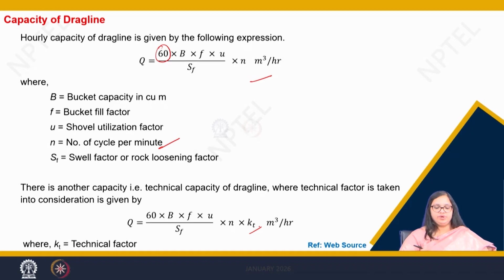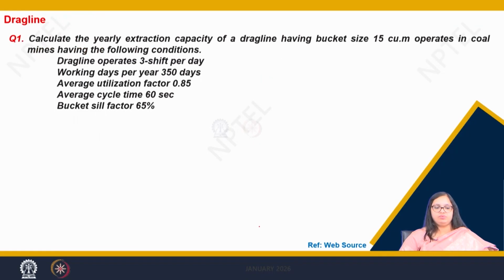The formula is 60 multiplied with the bucket capacity B multiplied with the fill factor F multiplied with the utilization factor U divided by the swell factor SF multiplied with the number of cycles N multiplied with KT, that is the technical factor. So, this gives us the capacity of the drag line when technical factor is taken into consideration on hourly basis, that is cubic meter per hour.